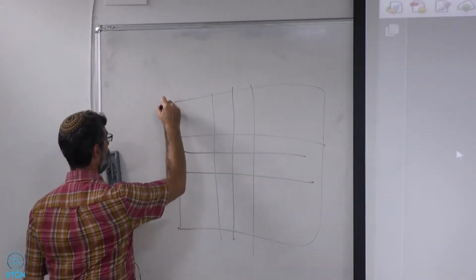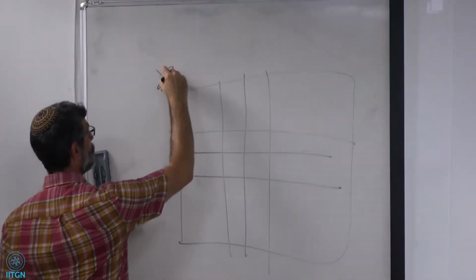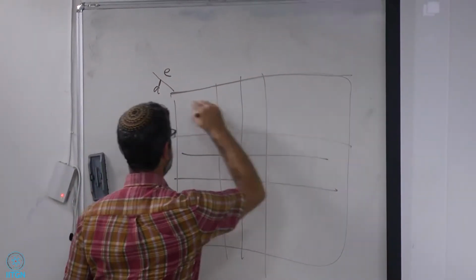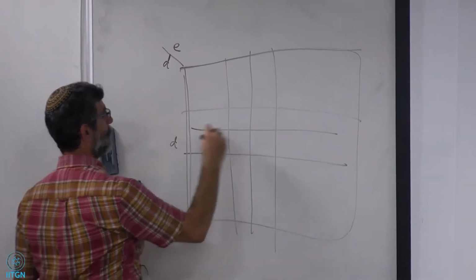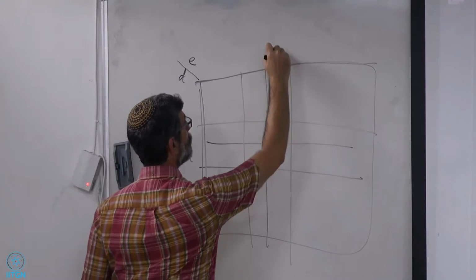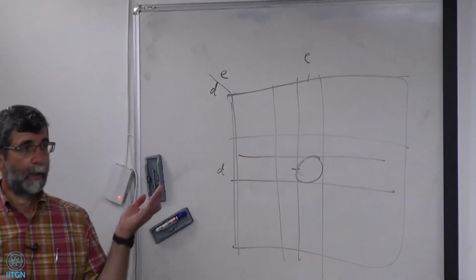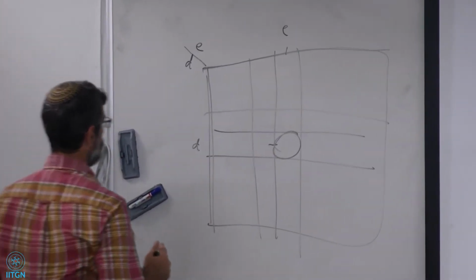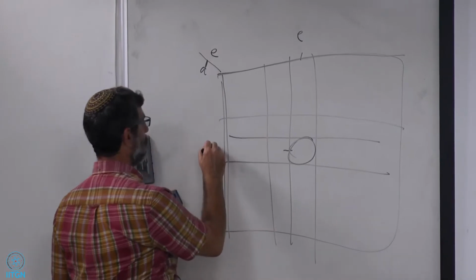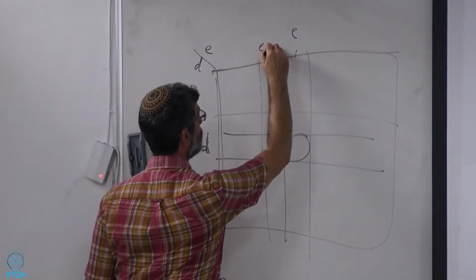So this is the diagonal, and this is the number of errors. And what we want is L_{D,E}. So we want to find out how low can I go in diagonal D with E errors. Okay, so let's look at diagonal D with E minus 1 errors.